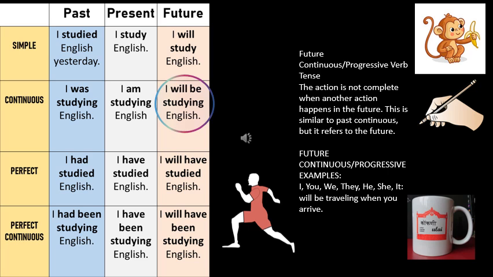Next, in future tense, future continuous. The action is not complete and it is planned for future. For example, तो ಕೆಳಕ್ಕೆ ಹತ್ತಲೋ is a simple future tense.